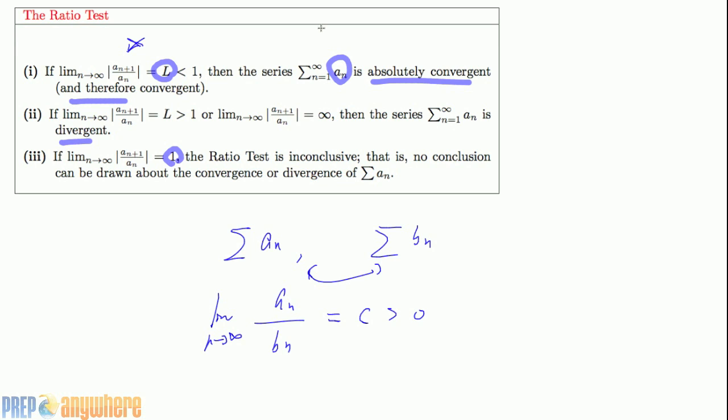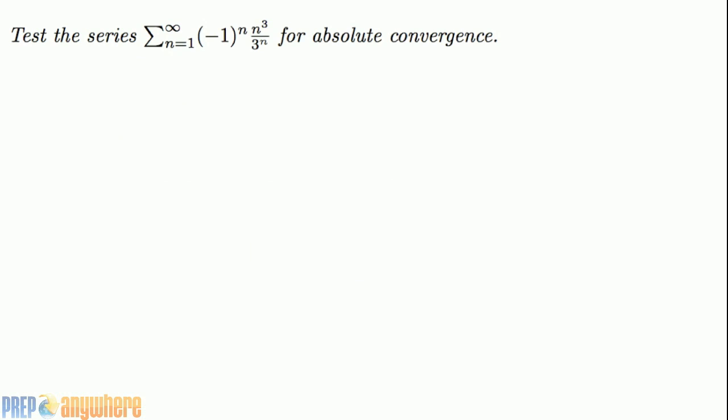Okay, so let's do an example of this. Test the series for absolute convergence. Here's what you do. We're letting a_n be n cubed over 3 to the power of n. Then a_(n+1) will be (n+1) cubed over 3 to the power of n+1.